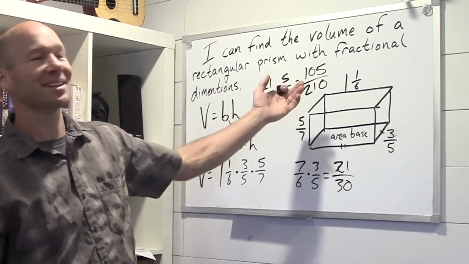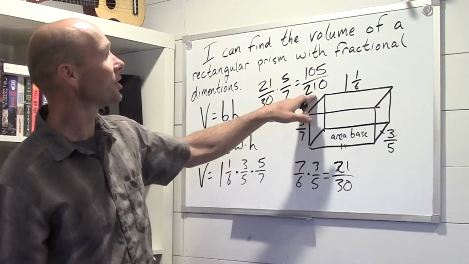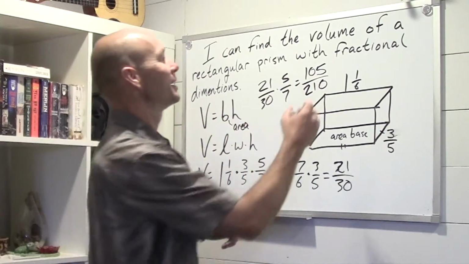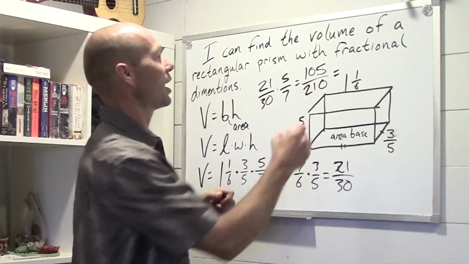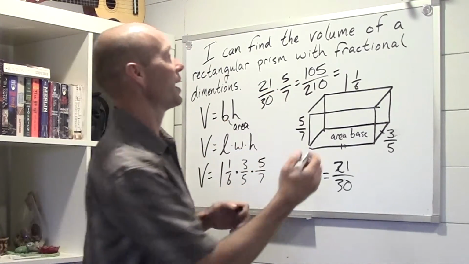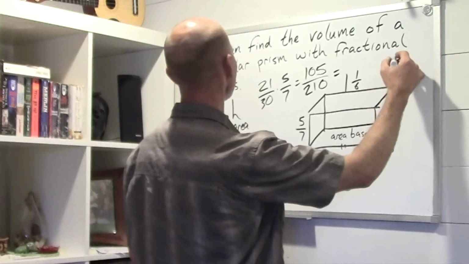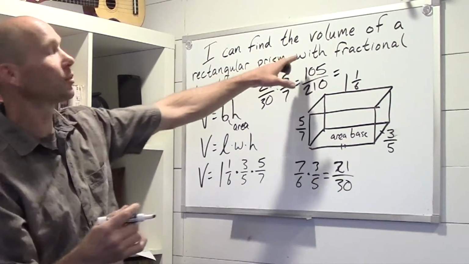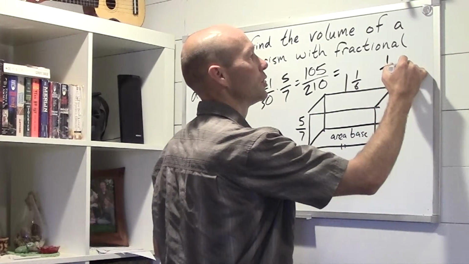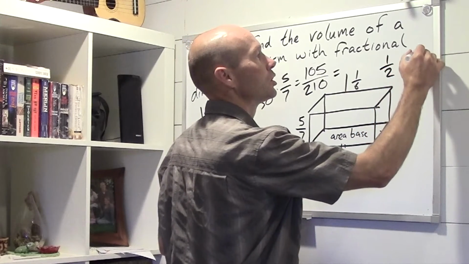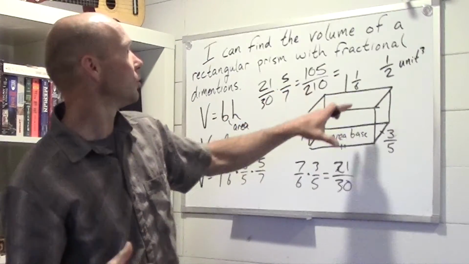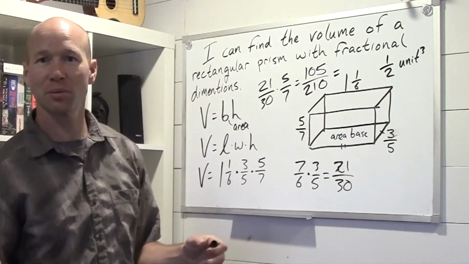Well, I can just look at that and I can say, well, 105 times 2 is 210. So 210 divided by 105 is 2, so we get 1/2. So our answer, what is the volume of this rectangular prism, is 1/2 unit cubed, because there is 1/2 of a unit cubed inside of this rectangular prism.